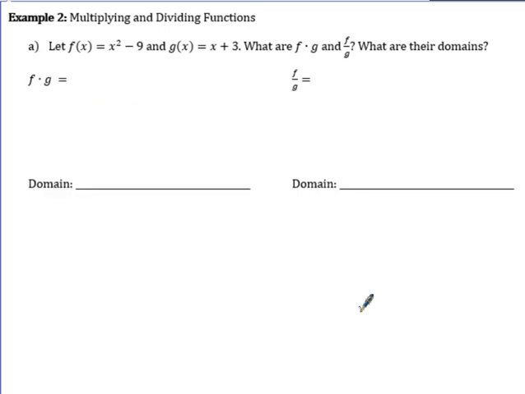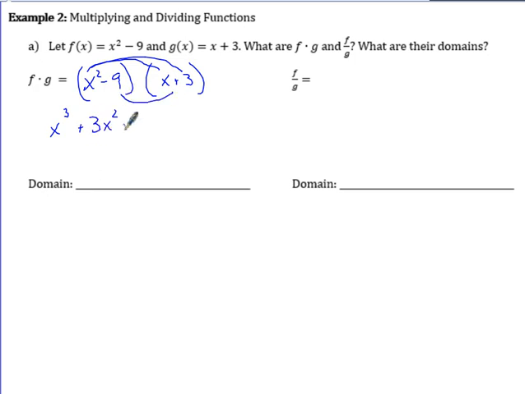All right, so next thing we're going to look at is multiplying and dividing. So same as we did with adding, subtracting, I'm going to write them in parentheses. So f times g, well, f is x squared minus 9. And that's getting multiplied by g, which is x plus 3. And then we have to FOIL this, all right? So x squared times x is x cubed. x squared times 3 is 3x squared.